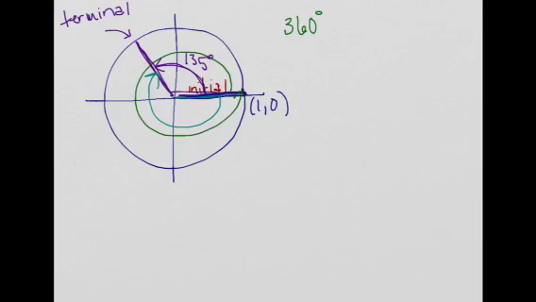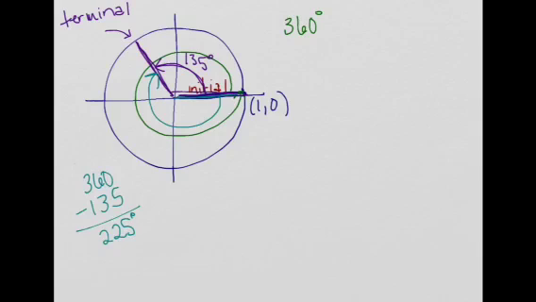So this teal angle I just drew here, how do you think I'd figure out what the measure of that angle is? So hopefully you're thinking about a whole circle's 360 degrees, and then if I take 360 and subtract 135, that'll give me this remaining portion, which would be 225.